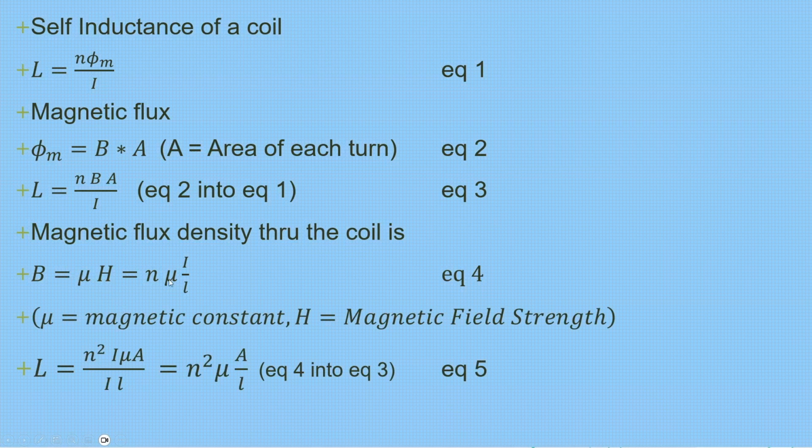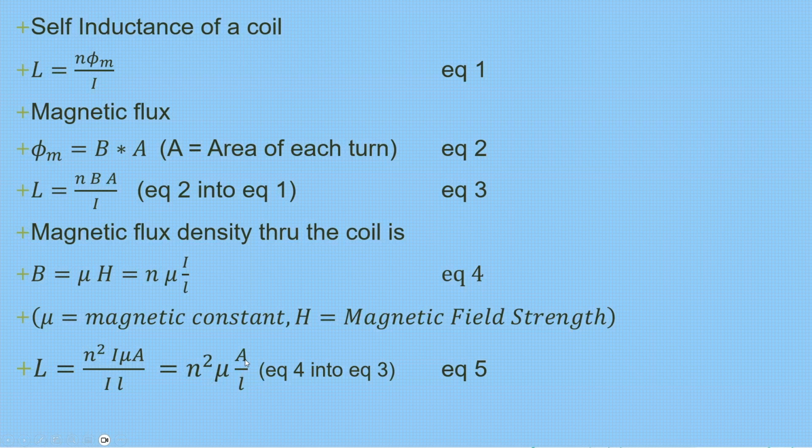If we substitute equation 4 into equation 3, replacing B with N times mu times I divided by L, we get the following equation. So we get our N squared relationship that we're looking for, multiplied by the current, times mu times A. Now the currents cancel each other out and we end up with this equation here.